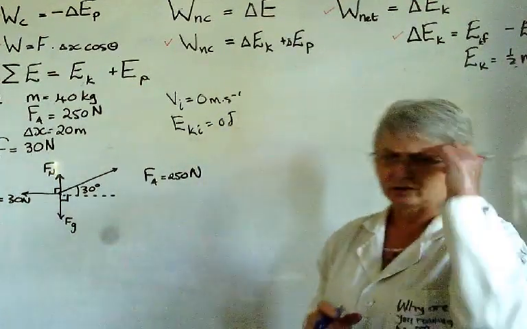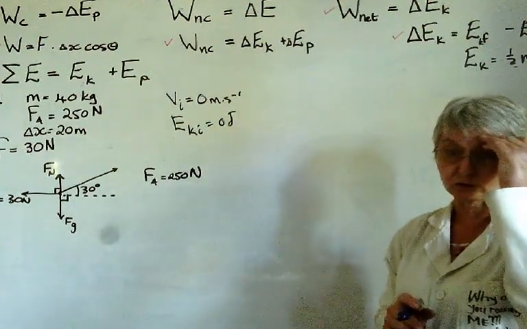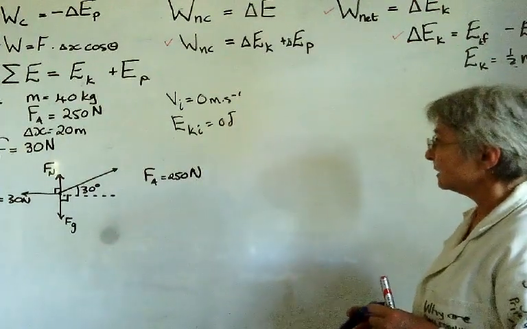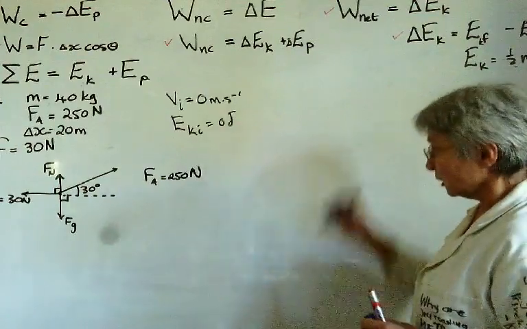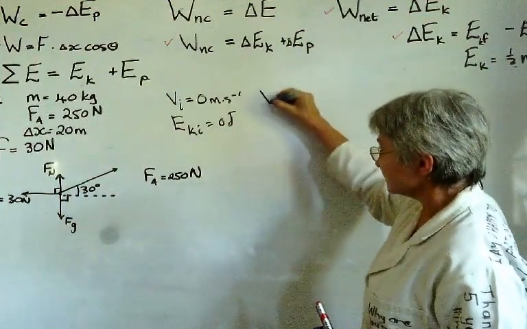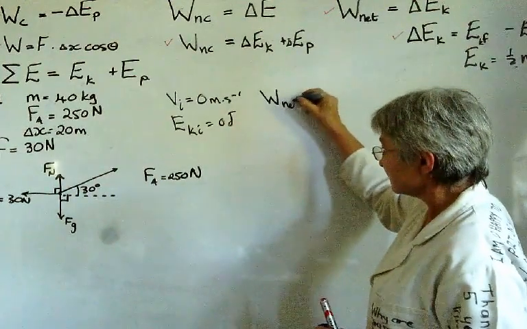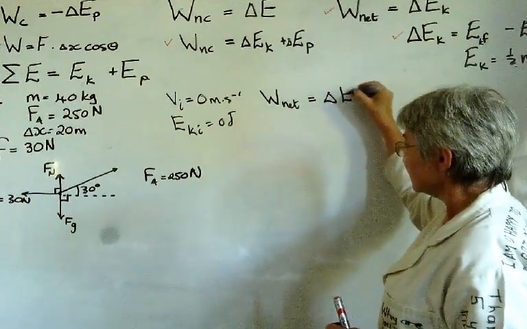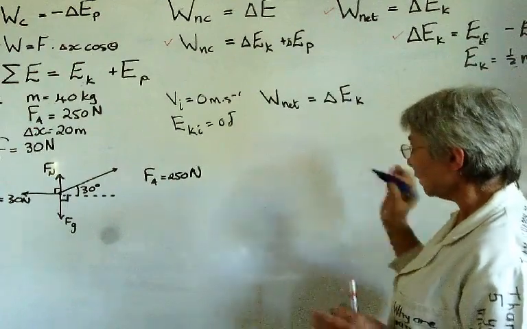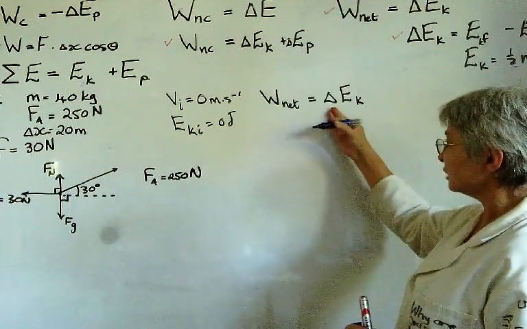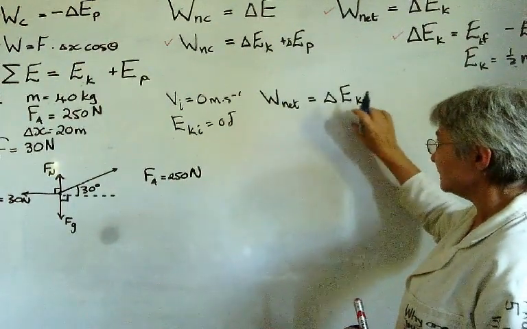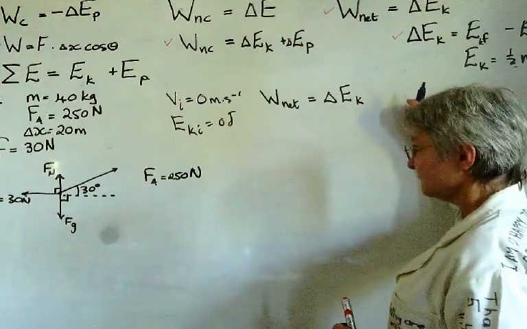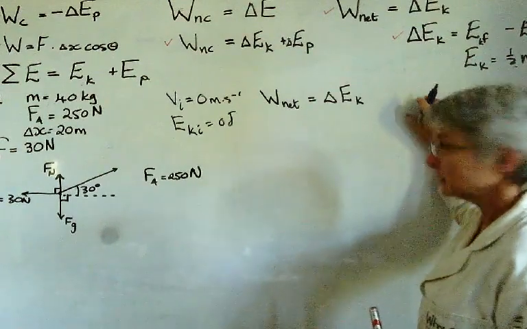You understand why it's 0. So I've got to start with this equation. W net equals delta EK. Or I can start with a half mvf squared minus a half mvi squared. But that will give me my mark.